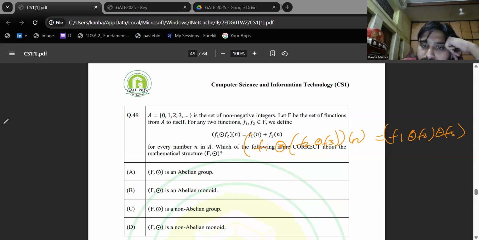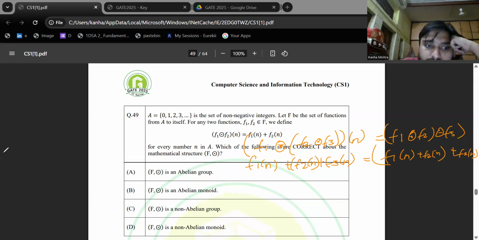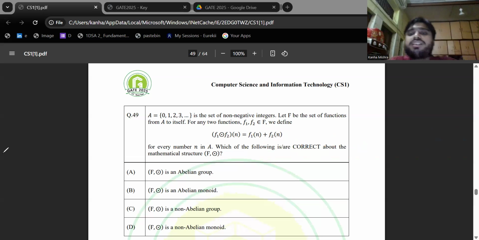So it will be f1 of n plus f2 of n plus f3 of n, equal to f1 of n plus f2 of n, in brackets this time, plus f3 of n. If you observe carefully, it is true. Basically, it is the associativity of integers that is at work.